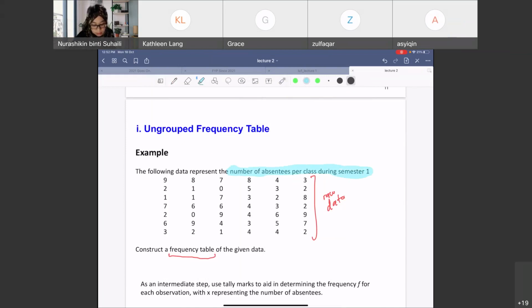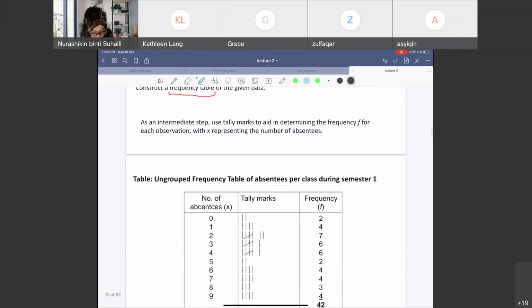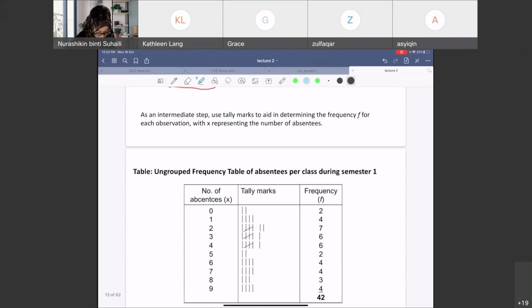You have to spend time to understand what the data is about, because that is going to be the subject of your data. So this one is the subject. Then you create these columns and decide how you want to organize your data.